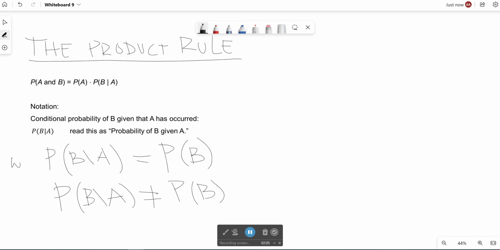So when the conditional probability, the probability that B occurs given that A has occurred, is the same as the probability that B occurs, we say that the two events A and B are independent.